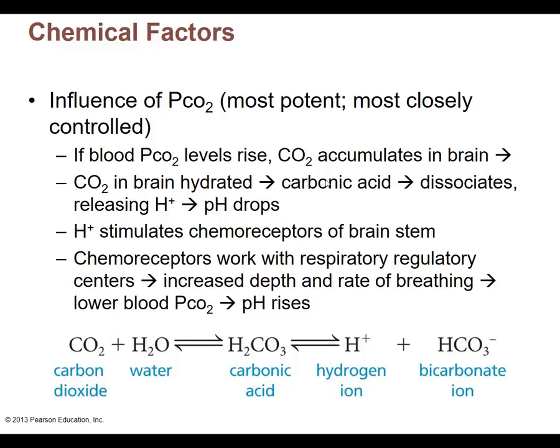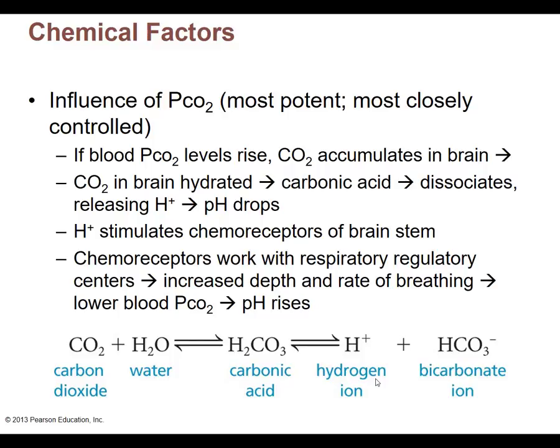The carbon dioxide in the brain, when hydrated, forms carbonic acid. If you have excessive carbon dioxide accumulating near the brain, and there's water there, the two will mix together, make carbonic acid, and then it will break down, releasing hydrogen ions, which means we are lowering the pH around our brain. That's never good either.